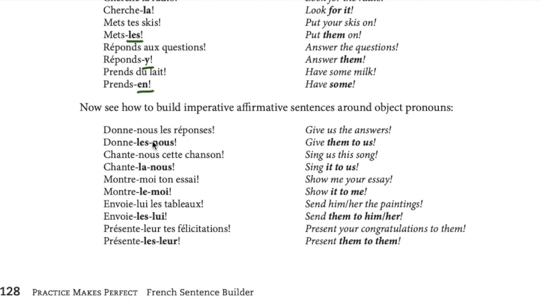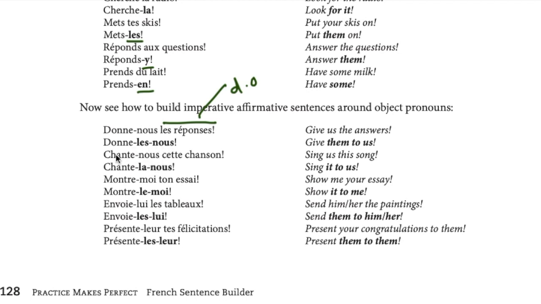That we already know. Now, what happens when there are two of them? In this case, donne-nous les réponses. Give us the answers. So this is the direct object, les réponses, right? Give us. So nous is an indirect object pronoun, and this is the direct object. So when we replace this, it will be donne-les-nous. Here, if you see, the direct object comes before the indirect object.